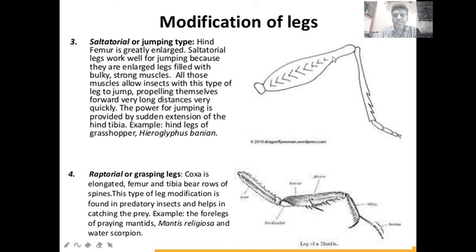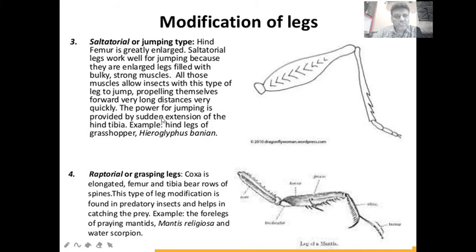In the hind leg, they have a very strong femur, strong and long, thick, and the tibia is also long and slender, very long in size. These two are well developed for kicking off. They can jump to a very high position very quickly.